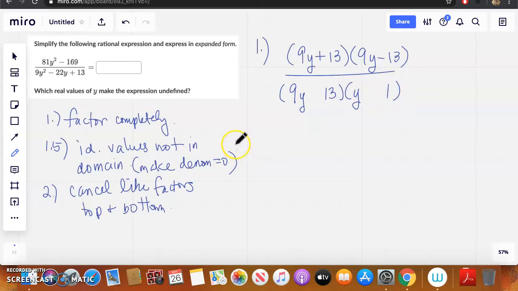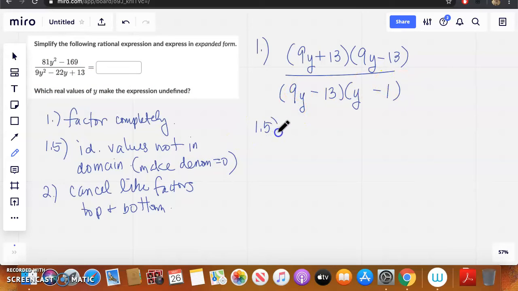That's the only choice you have. The product is positive but the sum is negative, so when is the product positive but the sum negative? When both terms are negative. And if you FOIL this, you'll see that it does come out to 9y squared minus 22y plus 13. Trust me on that.